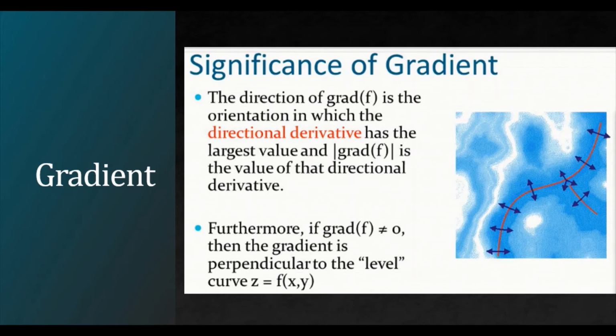So maximum change is represented by the gradient of the function. Furthermore, if gradient is not equal to 0, then the gradient is perpendicular to the level curve. So if the red line here is indicating my variation, that is z, the gradient is represented by the perpendicular lines.